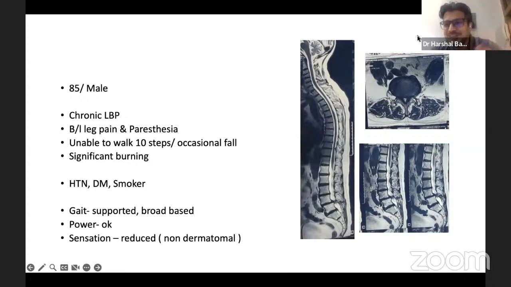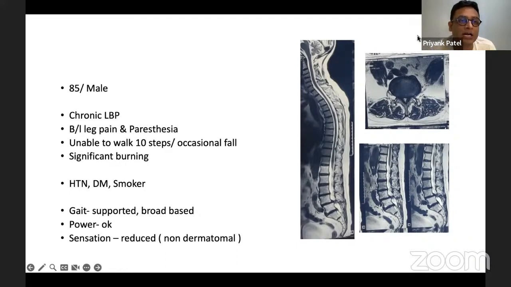You have actually generalized all the statements. Right now, this is a group where you have to go back with a take-home message. You have just presented a 50-year-old patient with anterior thigh pain and significant compression from L2 to L5 on MRI.